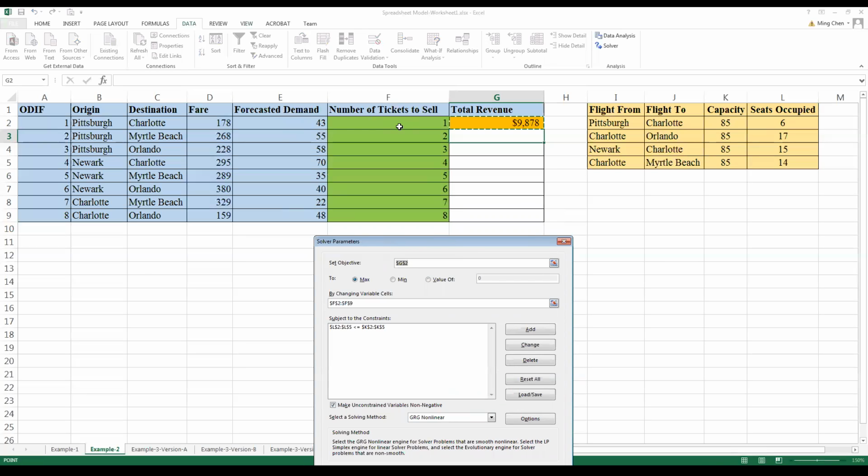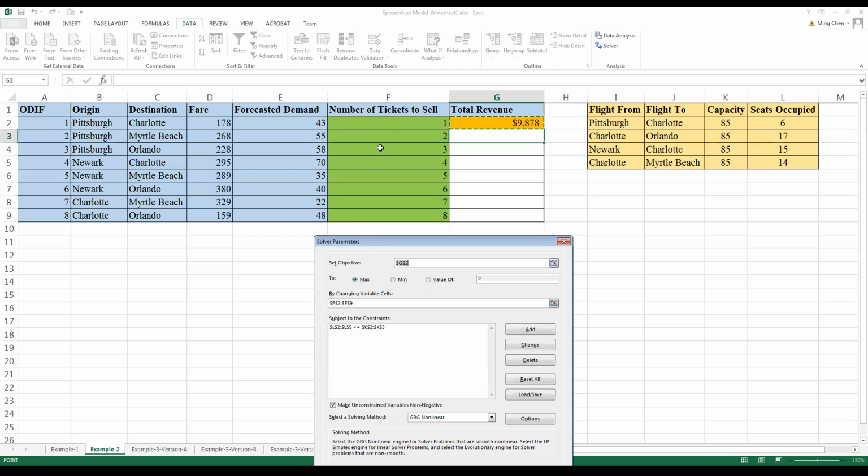Let's say there are 43 for OD pair 1, meaning 43 customers who are potentially willing to buy the ticket. Can you sell more than 43? Can you sell more than the demand? Of course not, because this is the maximum number of people who are willing to pay for the ticket. You only have 43 potential customers.